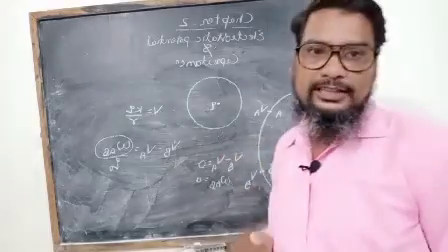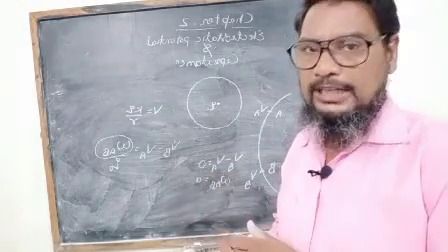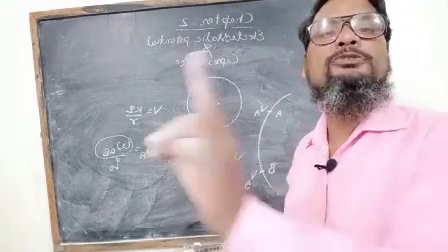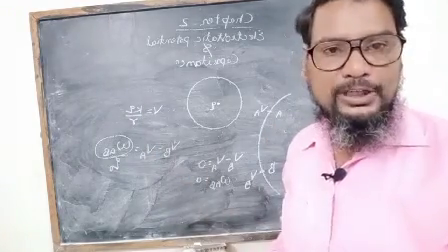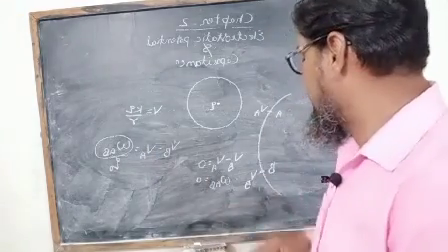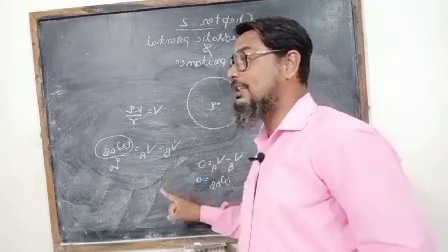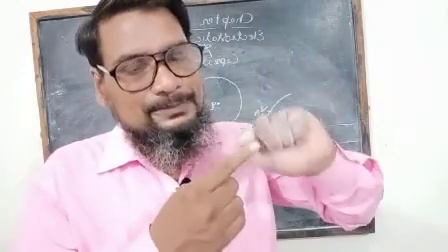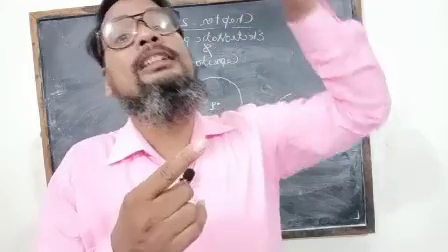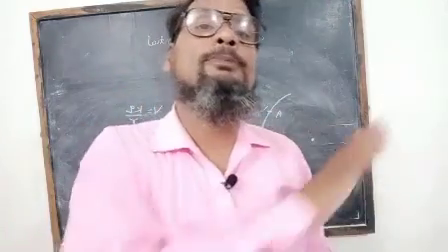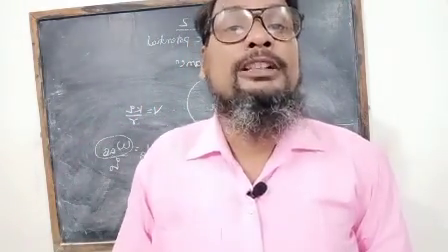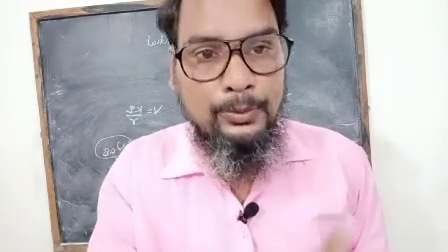So the potential difference between any 2 points of an equipotential surface will be 0, and also any charge of any magnitude, when displaced from one point to another point, the work done will be 0.